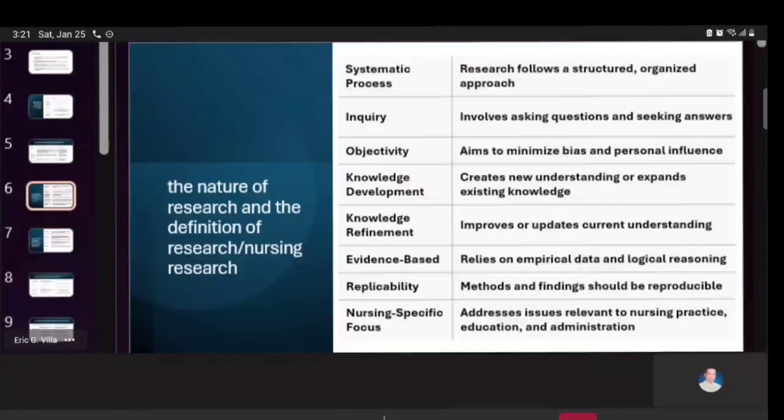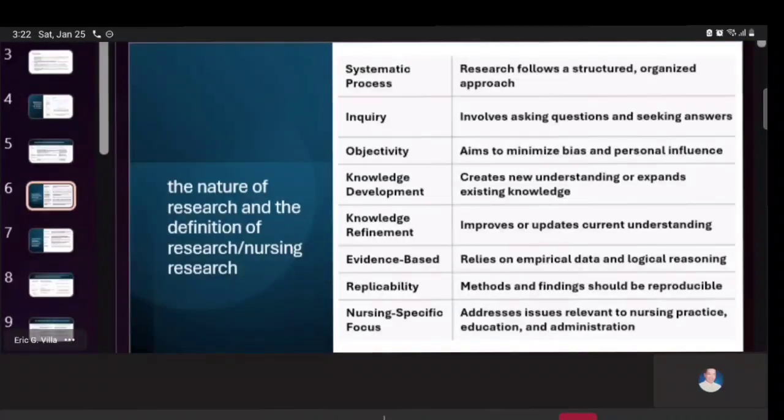The nature of research: research is defined as a systematic process of inquiry to develop or refine knowledge. Research at its core is a systematic process of inquiry designed to develop or refine knowledge. This definition encapsulates several key aspects that are very important for nursing students to understand as we embark on the journey of research.